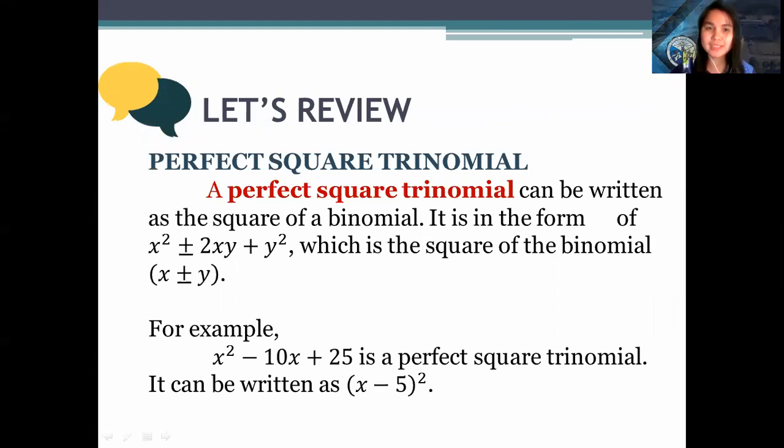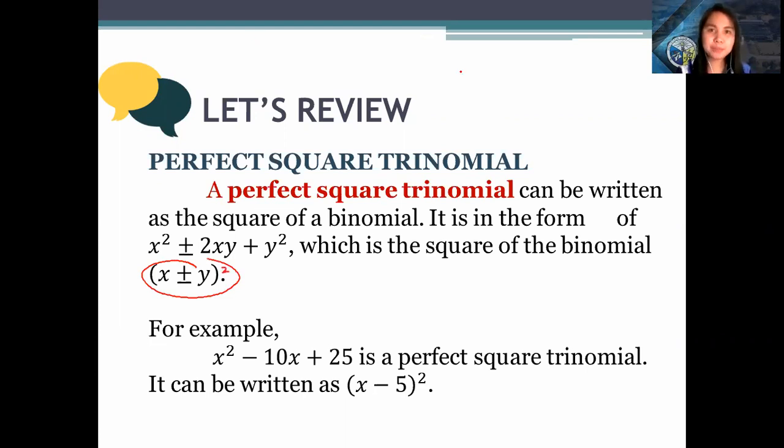Now, let's start. A perfect square trinomial can be written as the square of a binomial. So it means that if you have a perfect square trinomial, you can write it as this one: x plus y, squared.